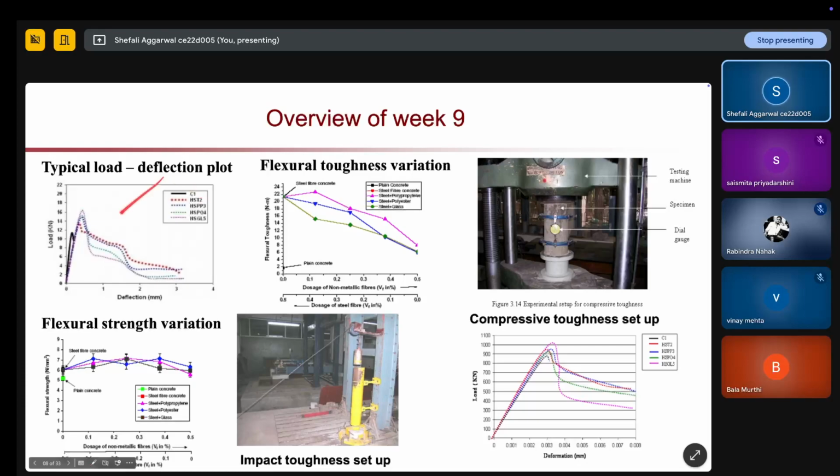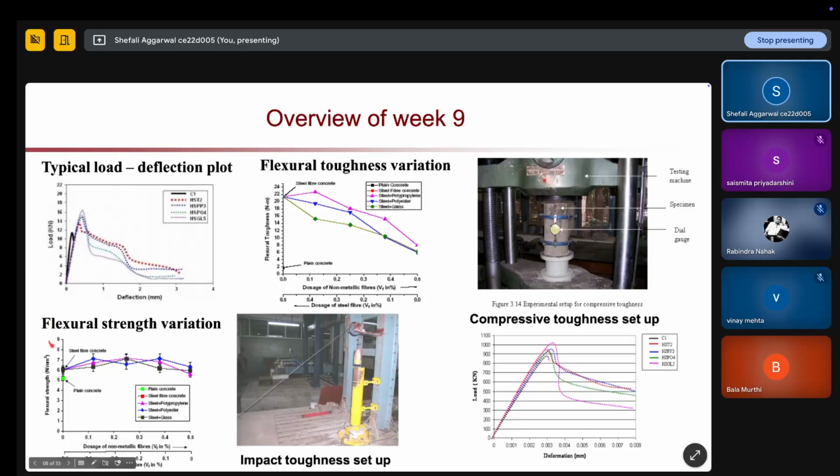So when you are adding steel fiber, you can see you have a very good post peak behavior as compared to your other types of fibers. So if you are using steel or metallic fiber as compared to other fibers, your metallic fiber will have a good post peak behavior, but in that case your strength value is not much higher. So this is your typical load deflection plot.